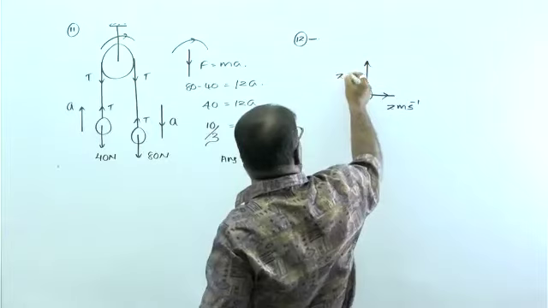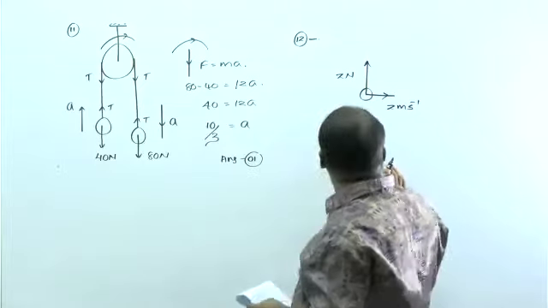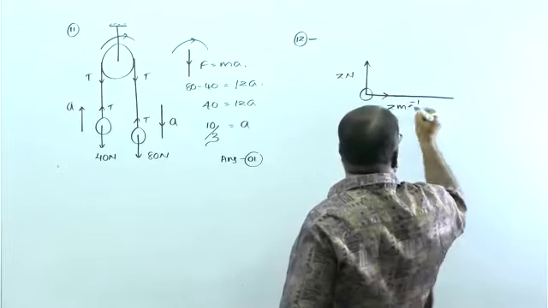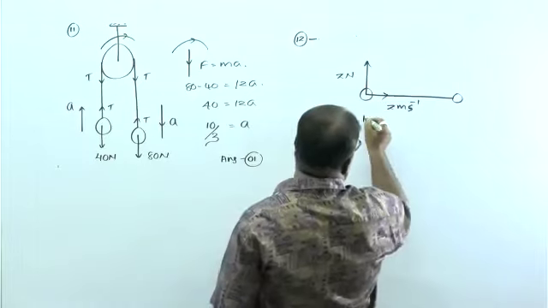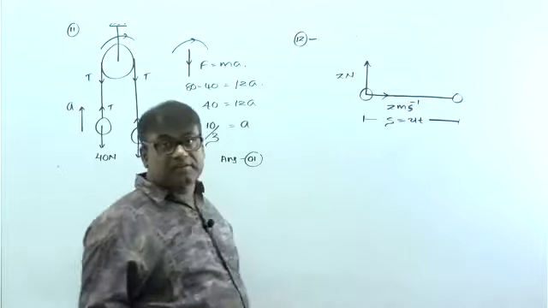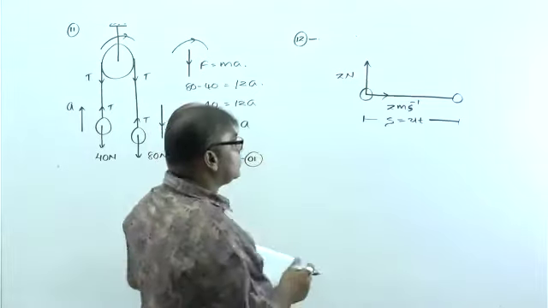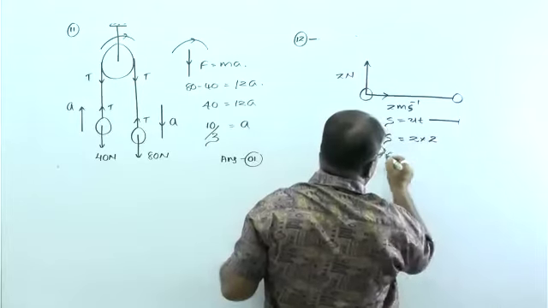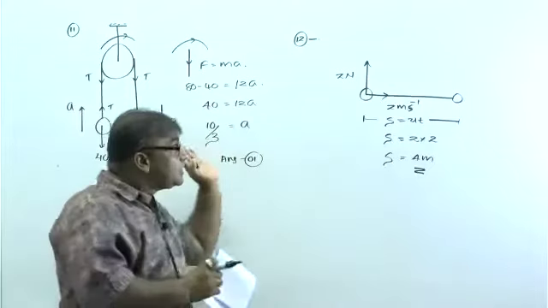The magnitude of displacement after 2 seconds is asked. Towards the horizontal direction it has only that velocity, so we can apply S equal ut. S is velocity 2, time 2, so 4 meters is covered in that direction.